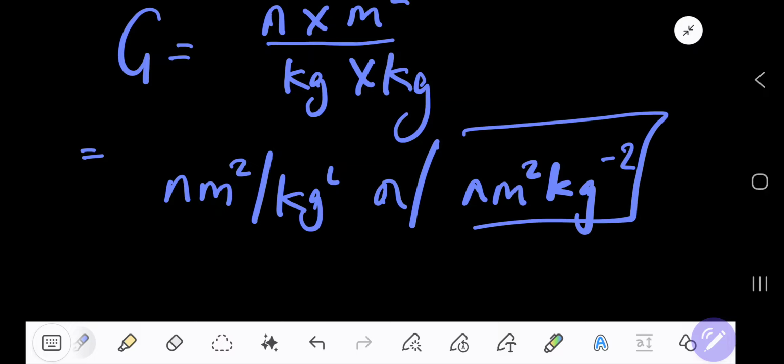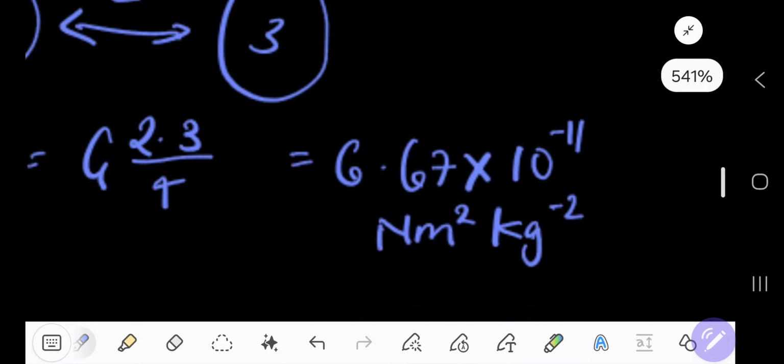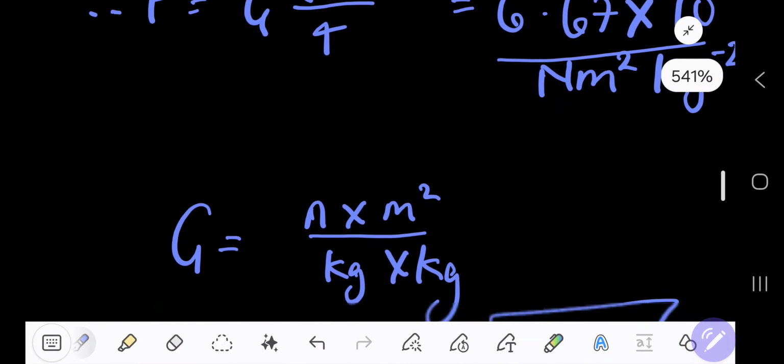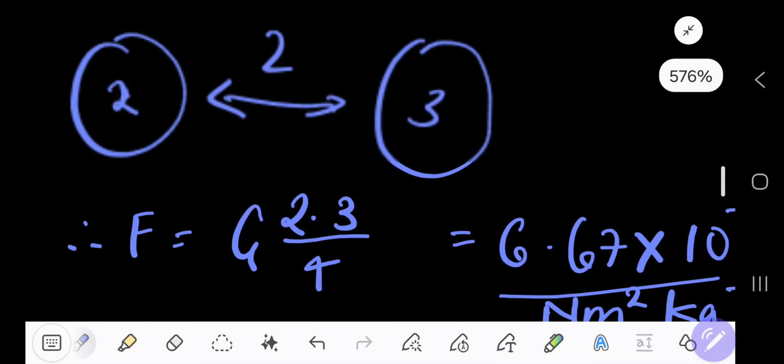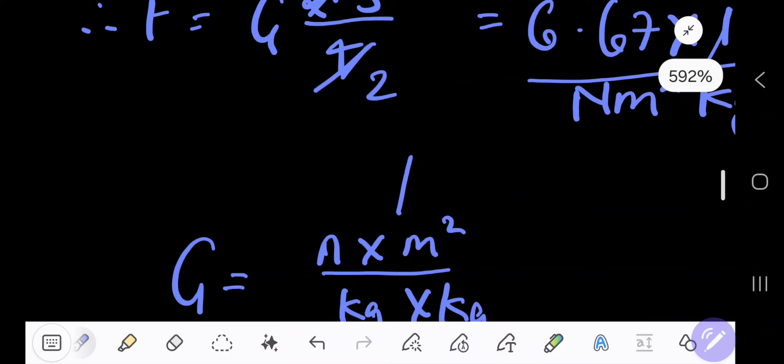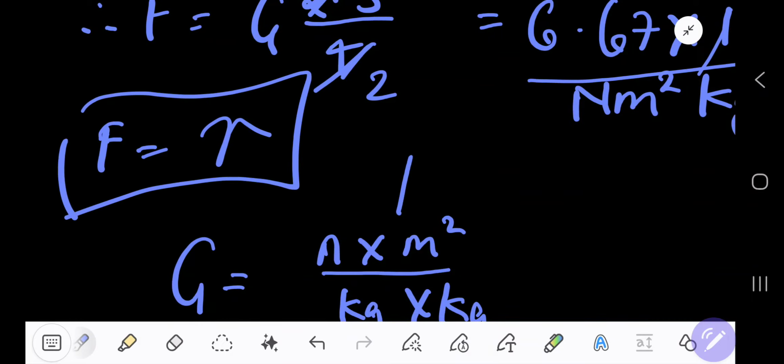That's the unit for the gravitational constant. In the question we were doing before, when you plug in this value, you can reduce this to 1, and whatever this value is multiplied by 3 divided by 2, you will get the resultant force. That's how you calculate the force of gravity between two objects.